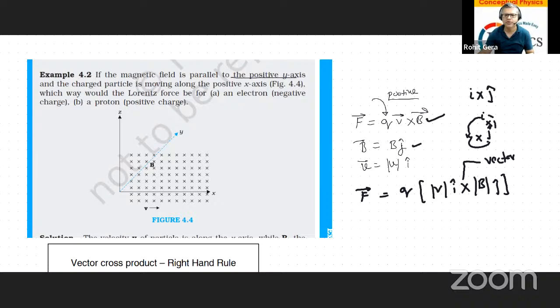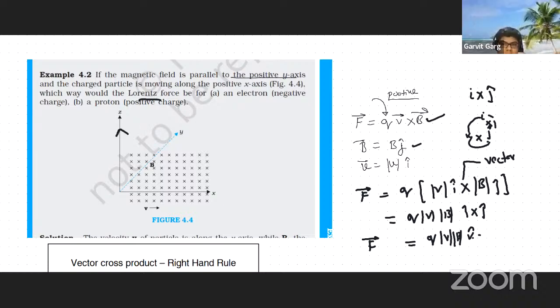So this is Q V B I cross J is equal to Q V B K. So I found out the direction of the force, Lorentz force, with the help of vector product knowledge. K means upward.